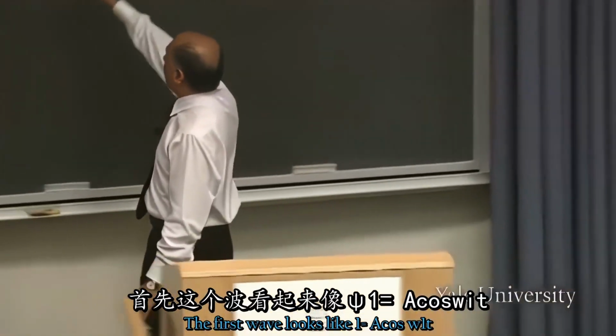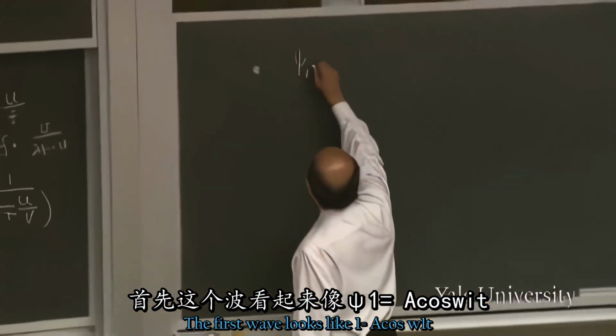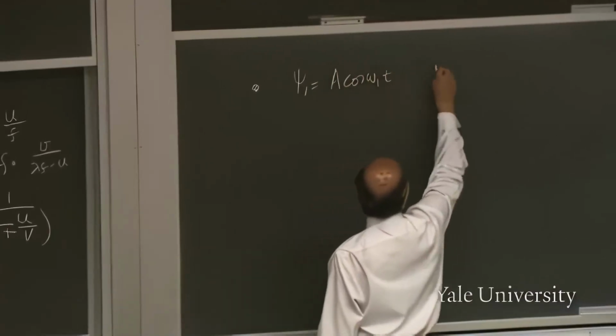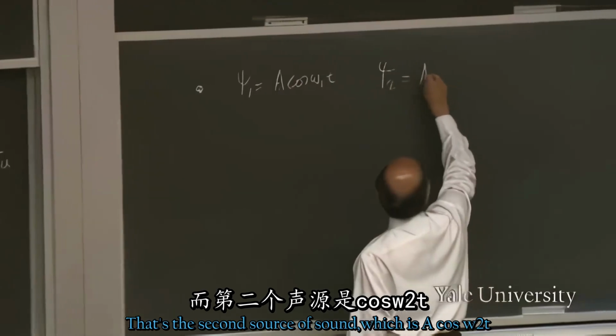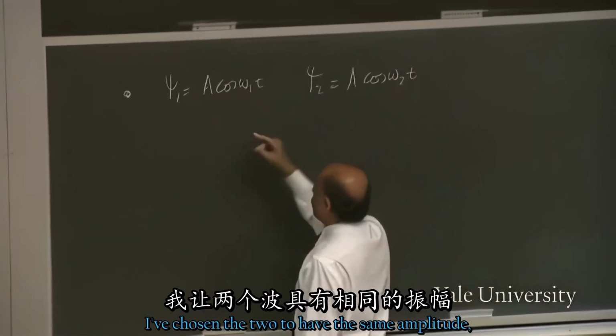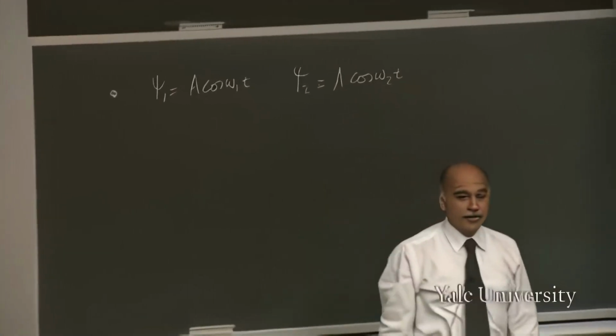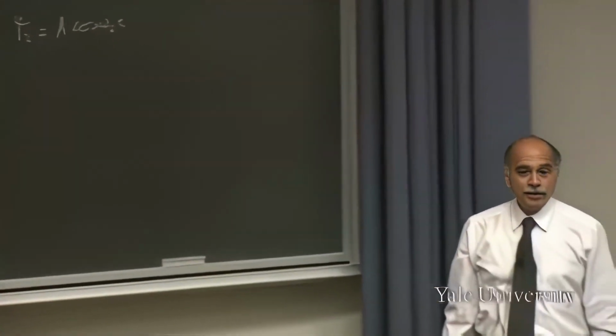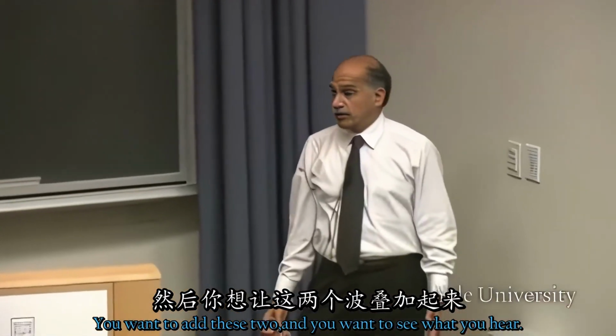The first wave looks like psi 1 equals a cos omega 1 t. That's the second source of sound, which is a cos omega 2 t. I've chosen the two to have the same amplitude, but not necessarily the same frequency. You want to add these two, and you want to see what you hear.